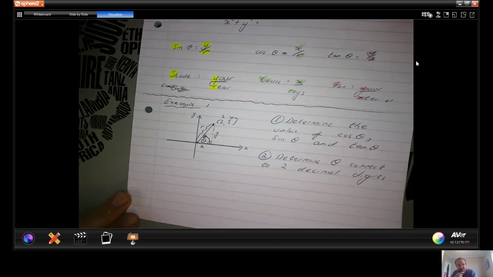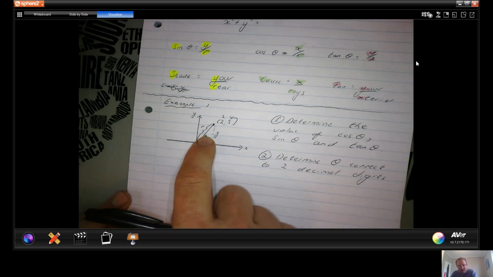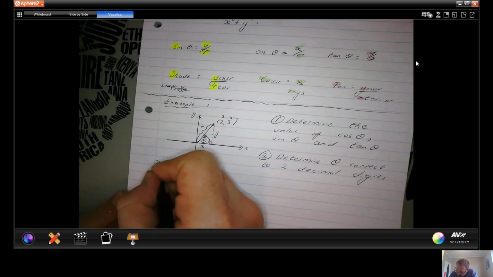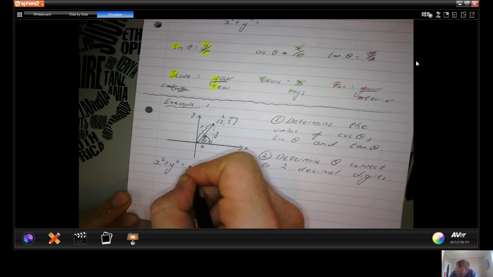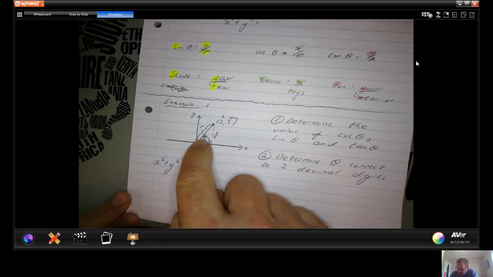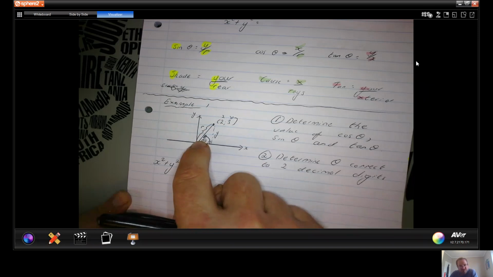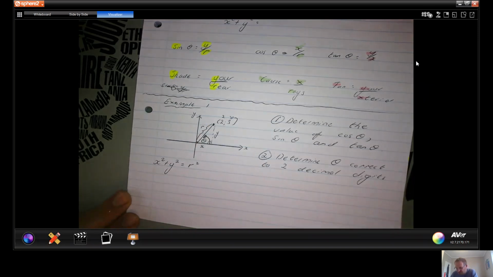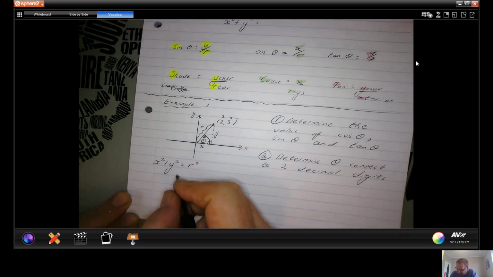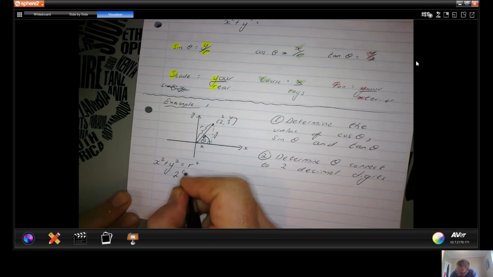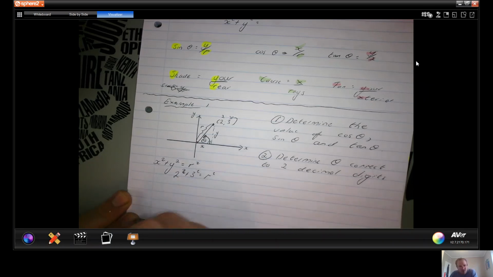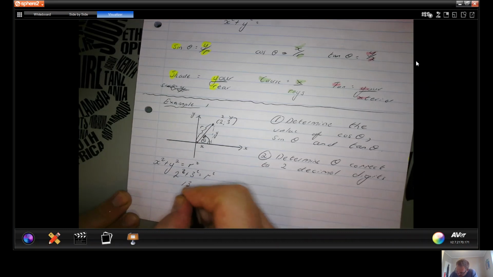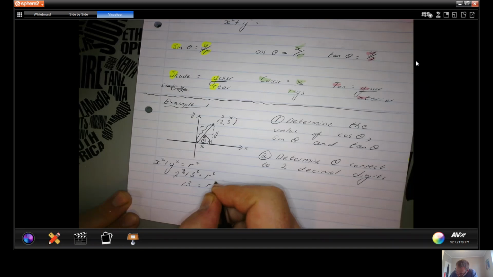In every diagram on the Cartesian plane, just remember this: the x-coordinate squared plus the y-coordinate squared will always be equal to your radius squared, where your radius is your distance from the origin to the point you're working with. So in this case, 2 squared plus 3 squared is equal to r squared, and we get 4 plus 9, which is 13, equal to r squared.